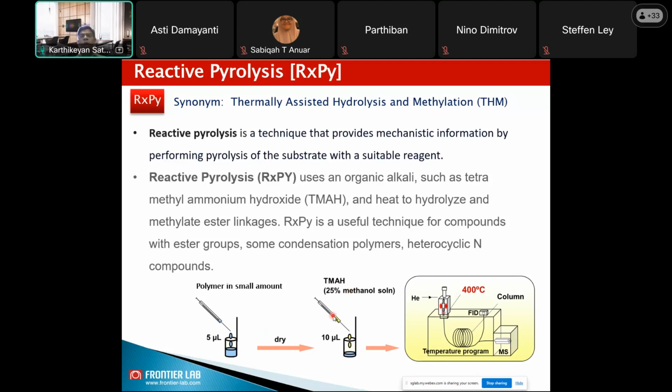We allow it to dry in open air. Then you transfer the sample to the furnace for the reactive pyrolysis, which is actually instantaneous, because the furnace provides a temperature sufficient to complete the reaction as well as do the pyrolysis of this methylated compound.